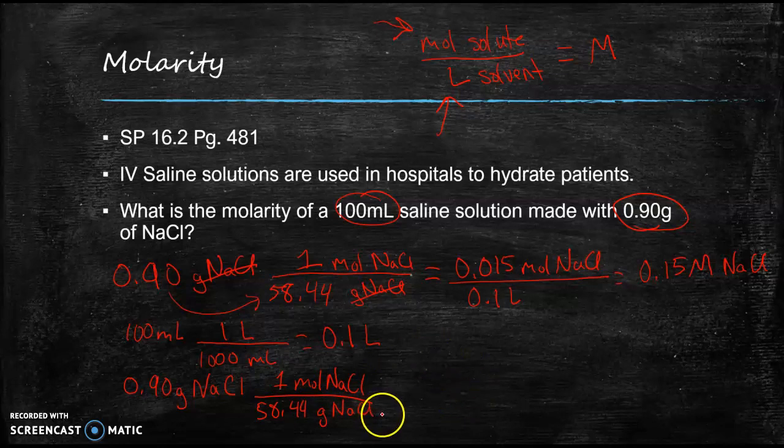And then at this part, we can go ahead and add in that conversion right here, by dividing 1 liter by the 1,000 milliliters. This will also give us 0.15 molar NaCl.